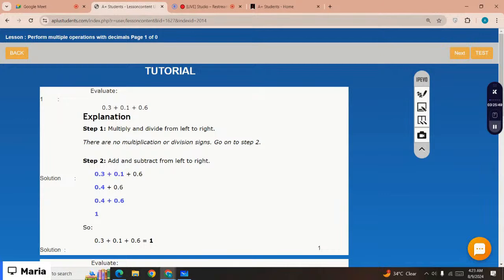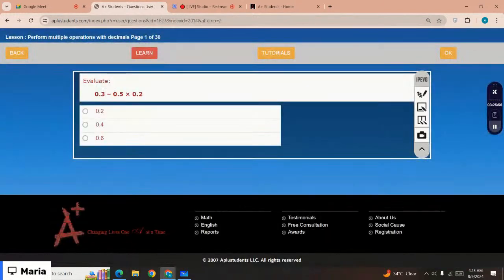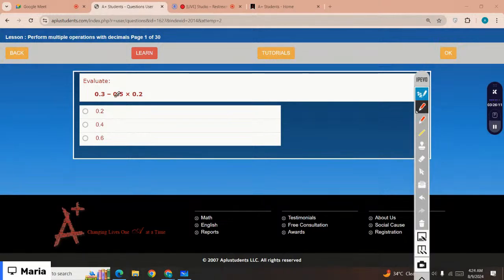Let's just start the questions. Now you have multiplication and subtraction in the same question, right? Multiplication and division have higher priority over the others. So you have to multiply first.